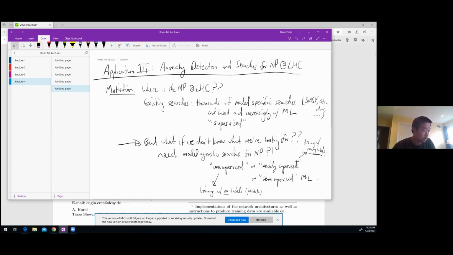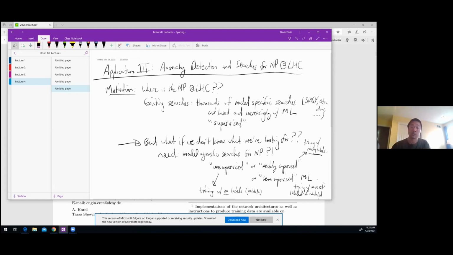And then semi-supervised is training with a mix of labeled and unlabeled data. Maybe you'll train your algorithm on some simulated signals and backgrounds and also some data.